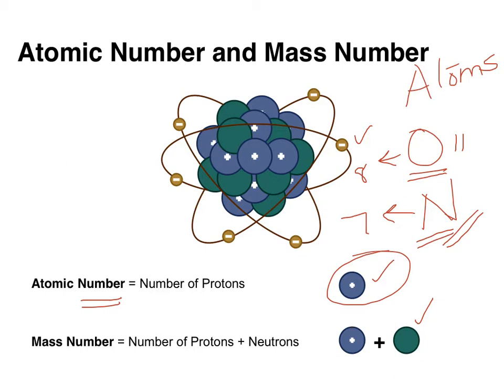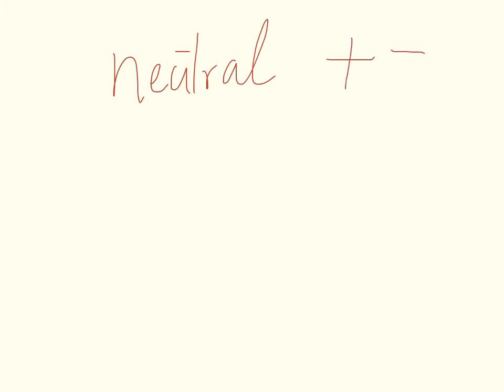Now, inside the atom there are protons and neutrons. So the addition of the number of protons and neutrons, in other words the number of subatomic particles present in the nucleus, is known as the mass number. Another piece of information that you need to keep in mind is that for a neutral atom, as in an atom where positive charges are equal to negative charges, what does that mean?